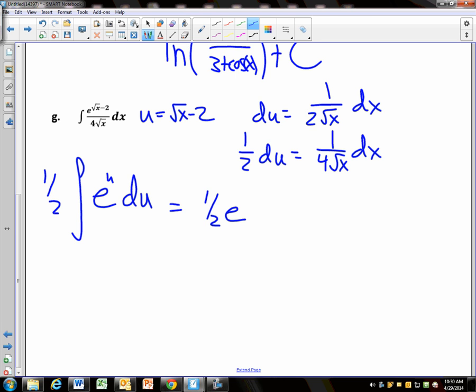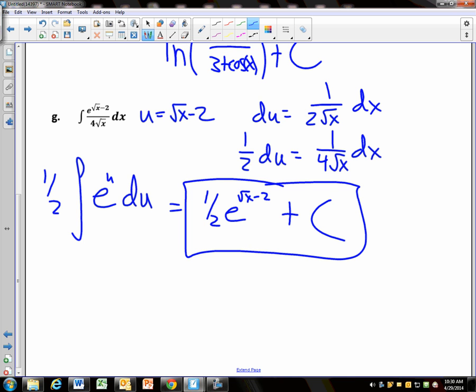And substitute your u back in. e to the square root of x minus 2 plus some constant. Oop! Yeah, no, that's right. I thought I had the minus. I thought I was going to have to distribute, but it's, sure, yeah, over 2. That's fine. That's it.